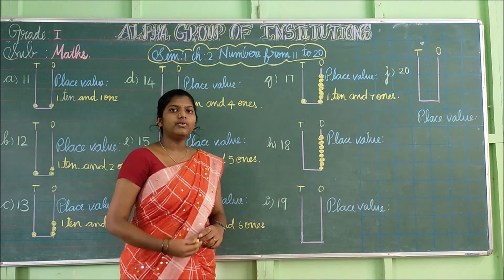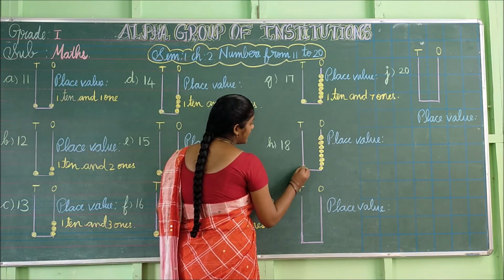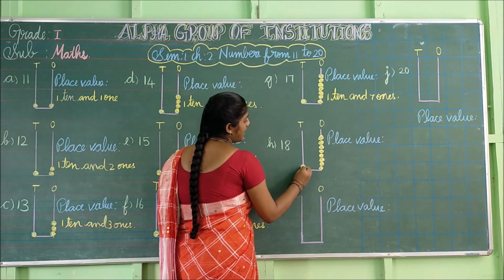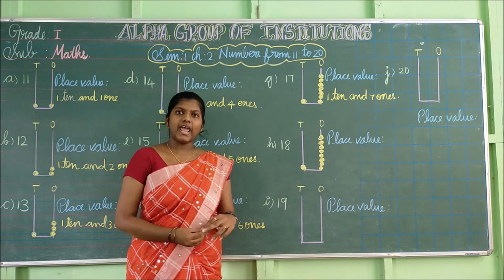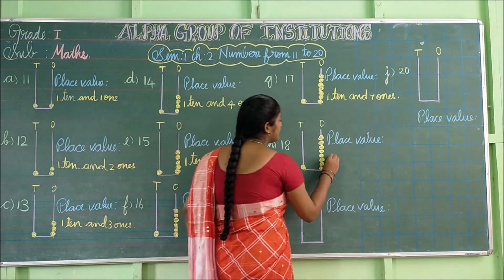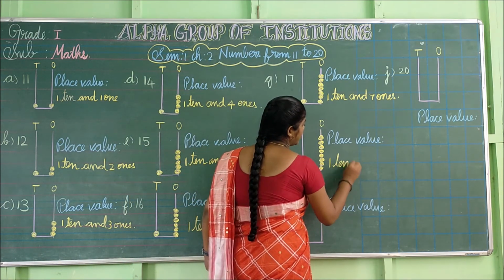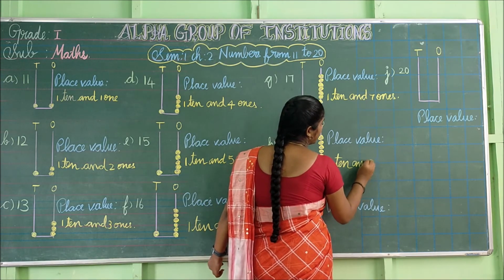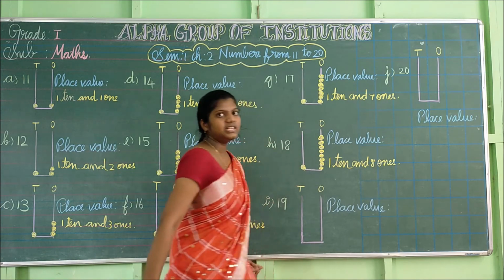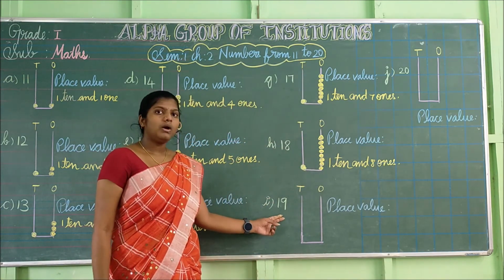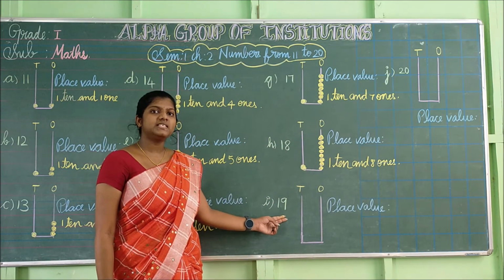So I am going to draw 1 bead in this tens column. So here we have 1 ten and 8 ones. So the place value is 1 ten and 8 ones.